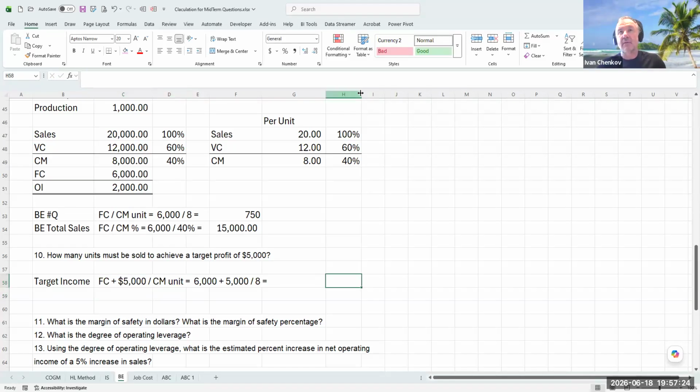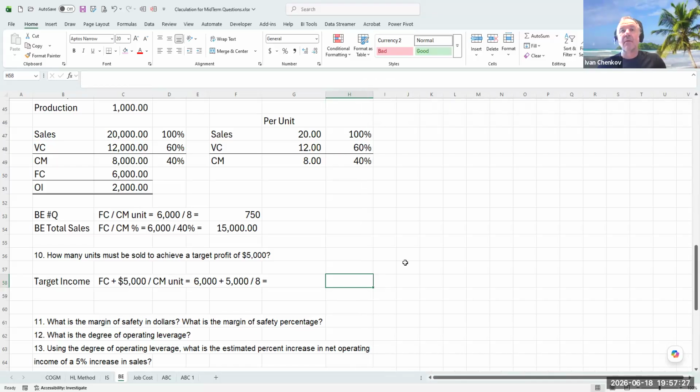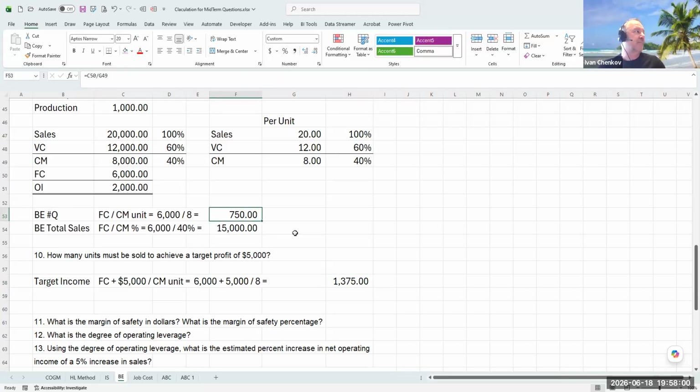So my new, no, sorry, not break-even, but the number of units that I need to sell in order to achieve income of 5,000 has to be 6,000 plus the 5,000 divided by 8, the contribution margin per unit. I'm going to close the bracket here, give me the calculation, and I need to sell 1,375 units. Once I can sell 1,375 units, then I'm okay.